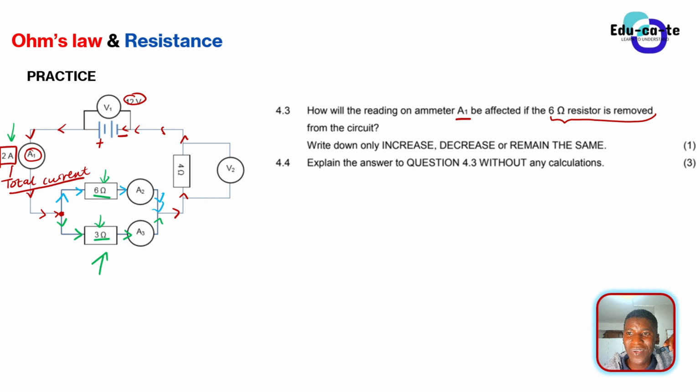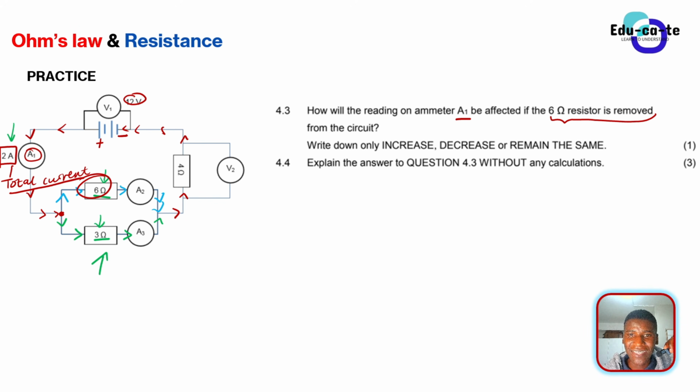So in other words, the question is asking what will happen to the total current if we remove this 6 ohms resistor. Question yourself: is this resistor connected in series or in parallel? It is connected in parallel to the 3 ohms resistor, because the current is being split here. It's a parallel combination.